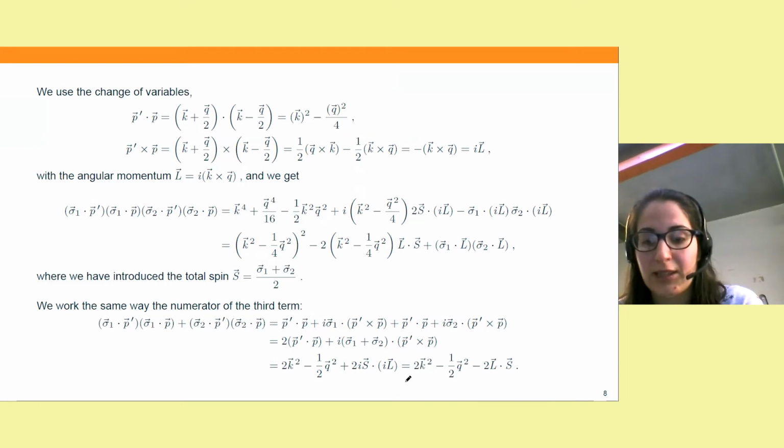And we finally get this expression here: 2 times the momentum K square minus 1/2 of the momentum Q square minus 2 times L times S.